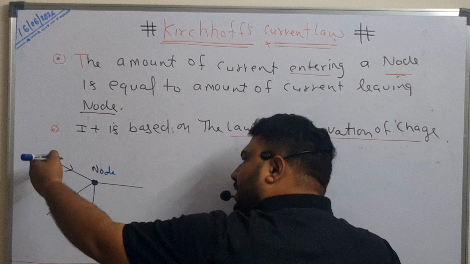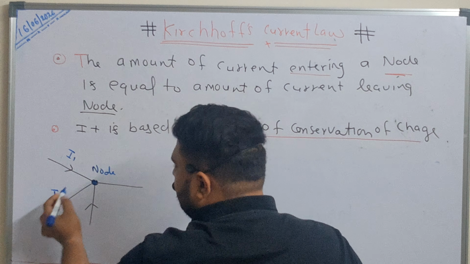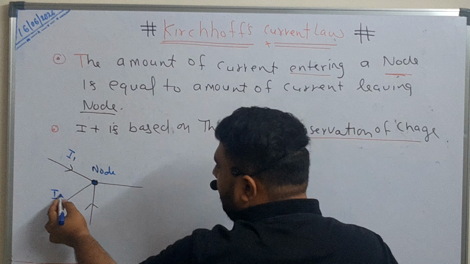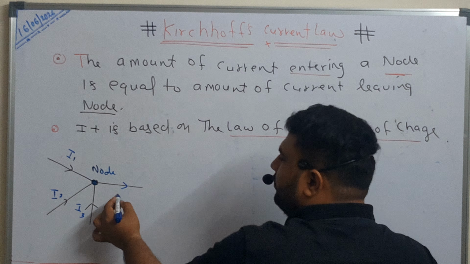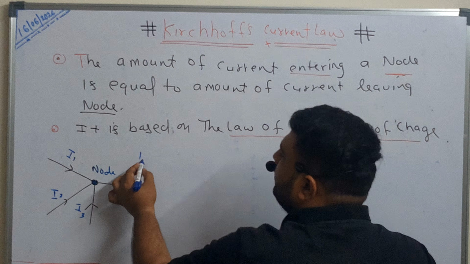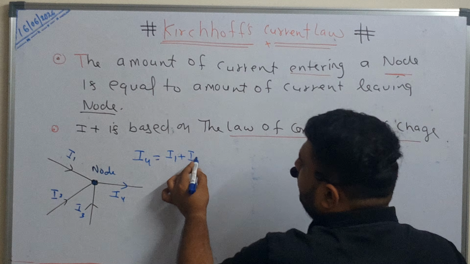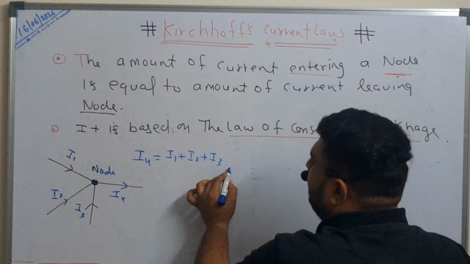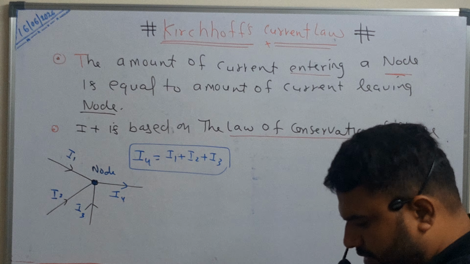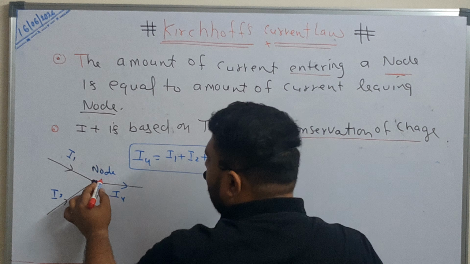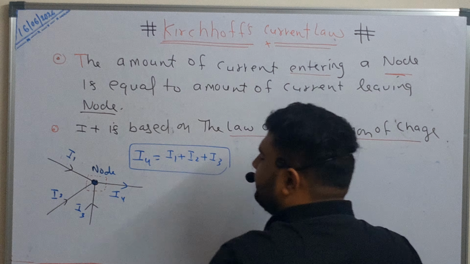Suppose in this node, the coming current, I am assuming I1, is entering toward the node, I2 and I3, and the outgoing current is I4. Then we can say that I4 is equal to I1 plus I2 plus I3, meaning current entering a node is equal to current leaving the node.